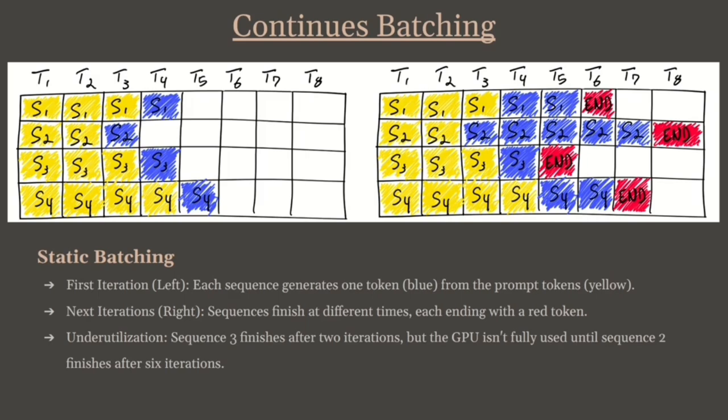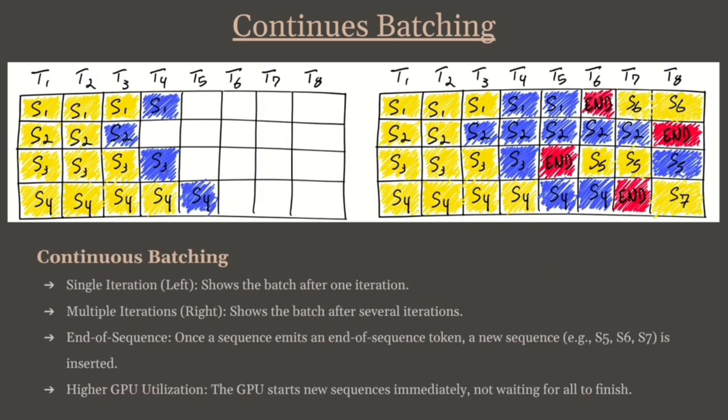So we overcome this by using continuous batching. Just by looking at this image, we can understand what's happening in continuous batching. Here the left shows the batch after one iteration, and this image shows the batch after several iterations. As soon as the first prompt's generation is ended, the next one kicks in.